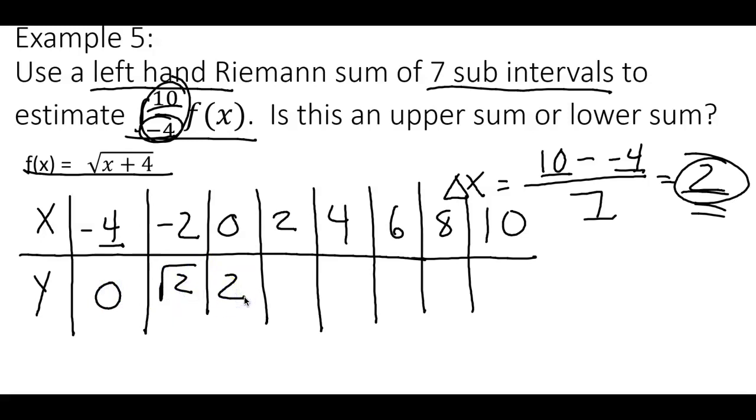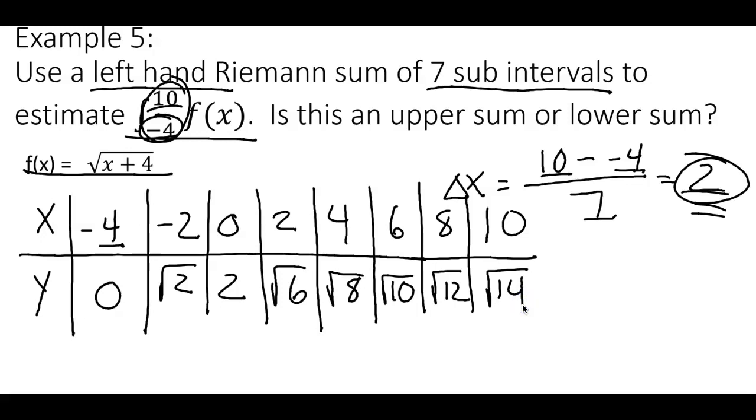If you plug in 2, you're going to get the square root of 6, and so on. I don't like these y values either, but we'll make it work. Okay, so there you go. That's your table.